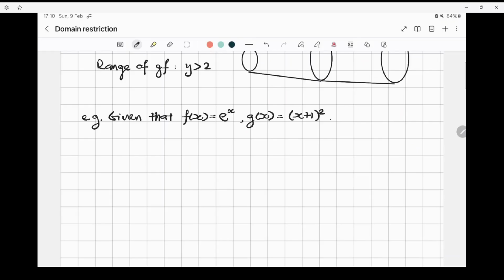In this particular example, I don't really give you the domain and the range, so you can freely play around with the domain and the range in such a way that you want to define the composite functions. So let's say the question asks you to just define the composite functions g of f and f of g.